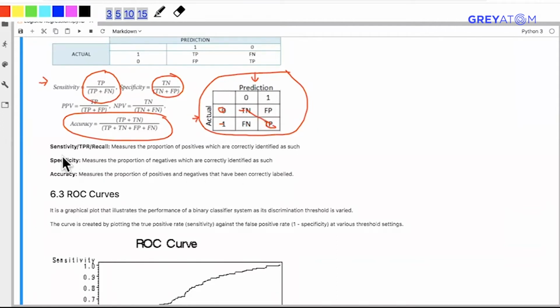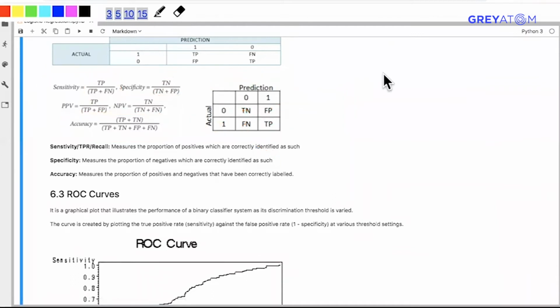So these are the main metrics that we follow: sensitivity, specificity, and accuracy. Okay. So this is one way of looking at it, and we discussed our threshold earlier. We would want to reduce either false negatives or false positives. So we want very few observations in both of the boxes, or in one of the boxes, depending on our problem.